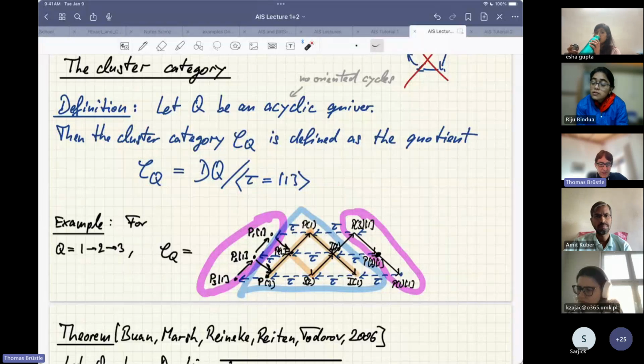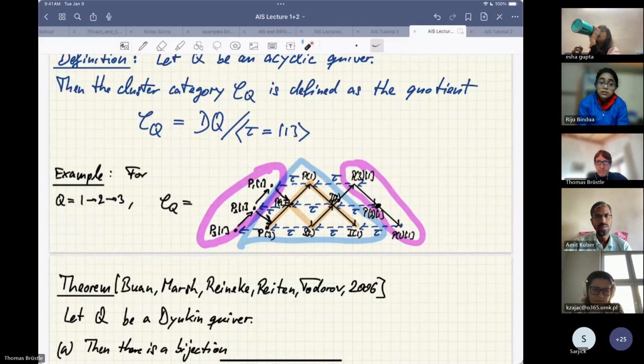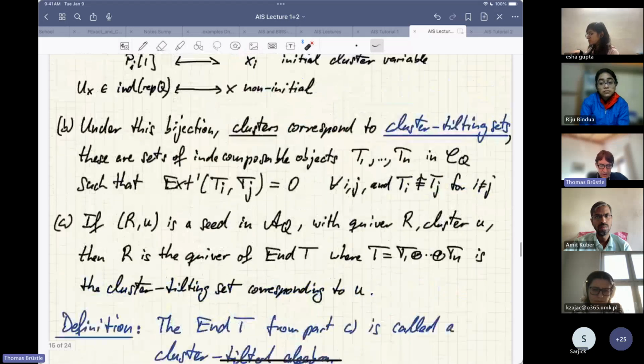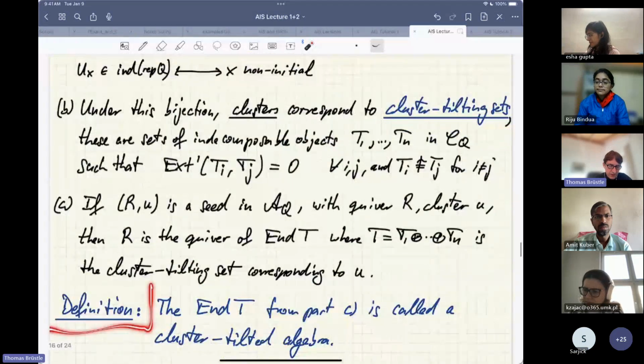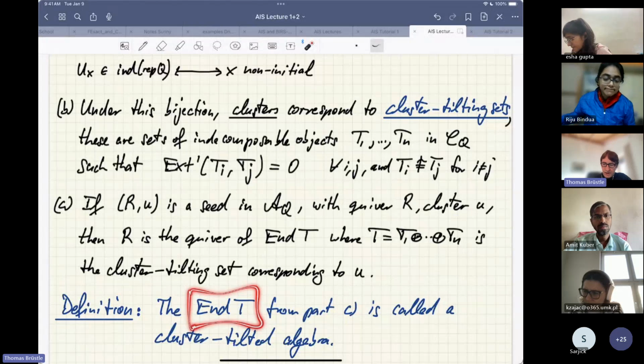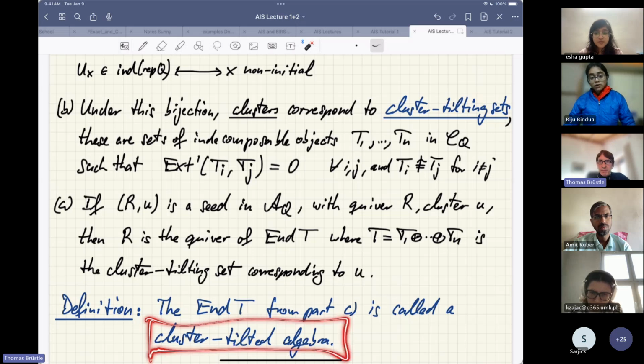It's sufficient if we specify the indecomposables, and then every object will be given uniquely as a direct sum of indecomposables. So just one piece of notation. The endomorphism ring of such a cluster tilting set is called a cluster tilted algebra. I will come back to this.